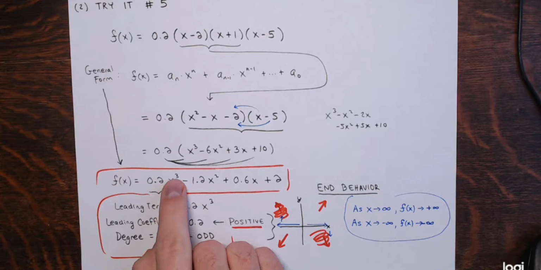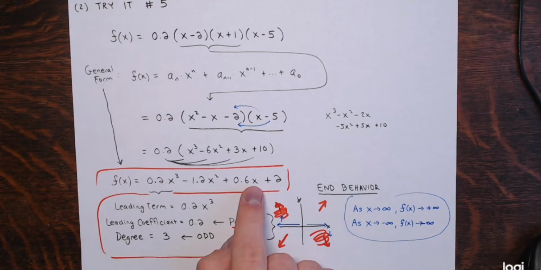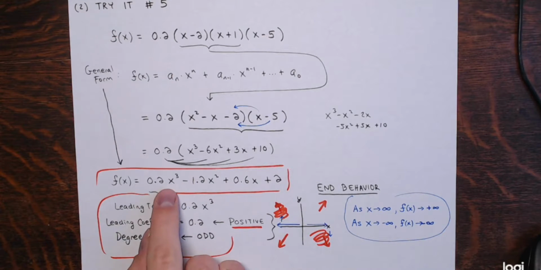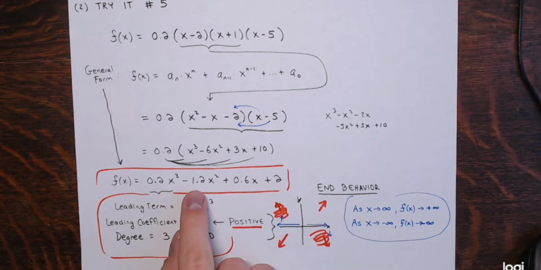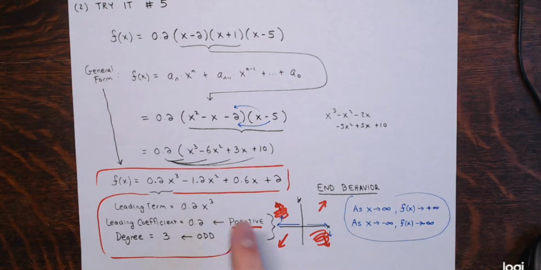And when you raise big numbers to big powers, they're a lot bigger than all these numbers with lower powers. So you could say that the leading term dominates the rest of the terms when it comes to having giant inputs, x going to infinity or negative infinity. Okay, great.